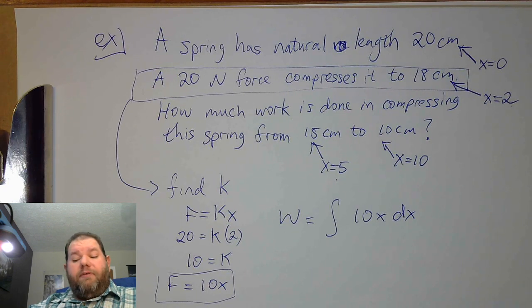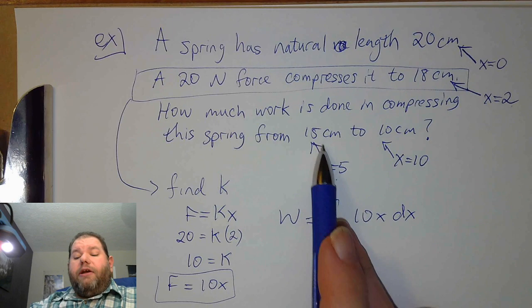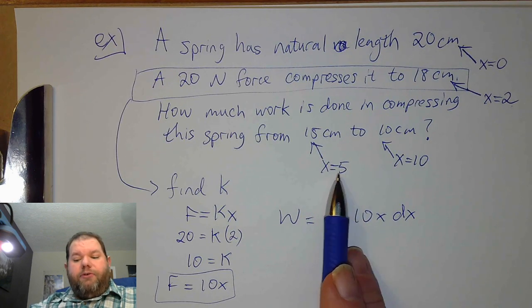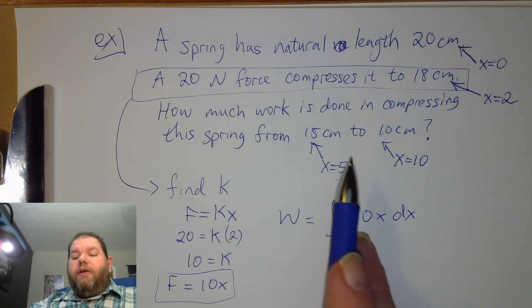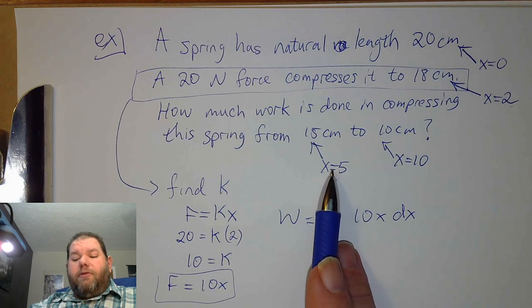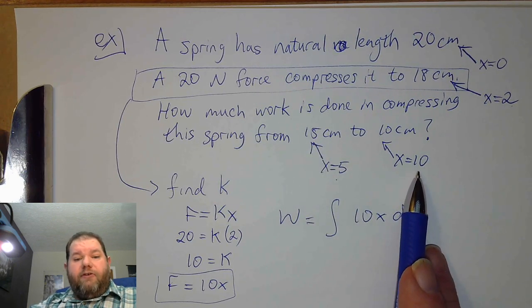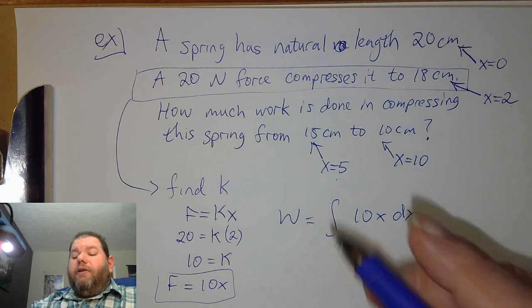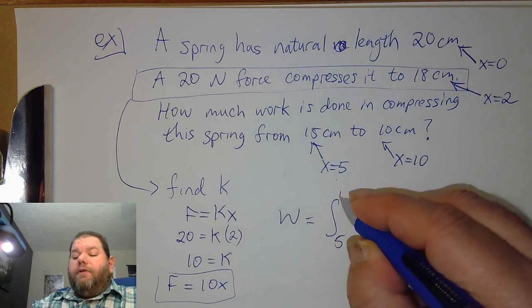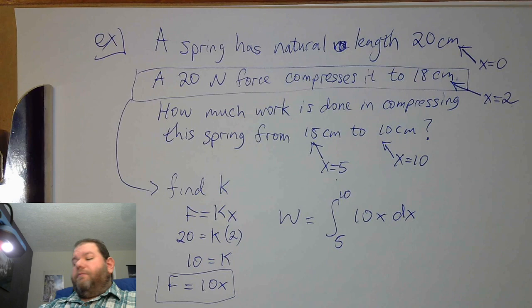And so for our limits of integration, we again look at our modified x values, which is the displacement. So we're going from 5 centimeters below natural length to 10 centimeters below natural length. So we'll integrate from 5 to 10.